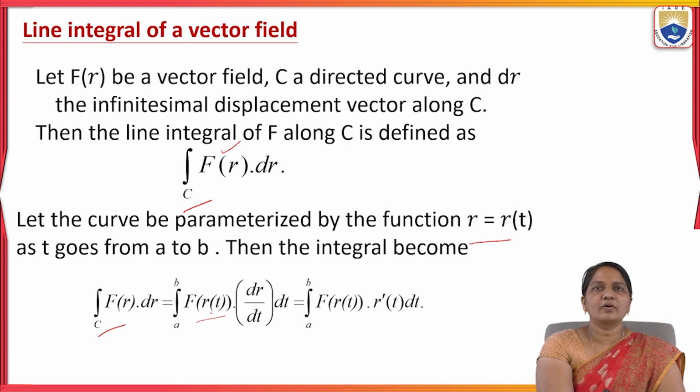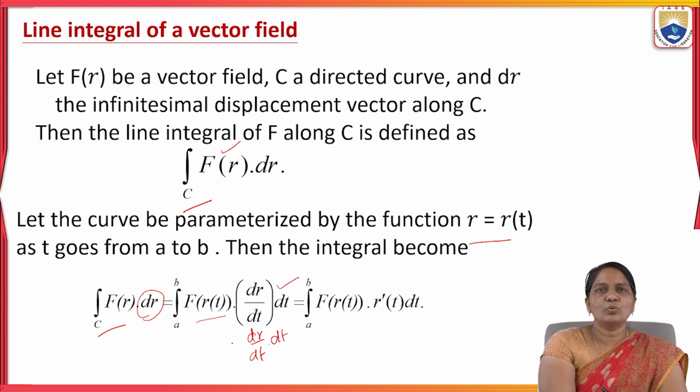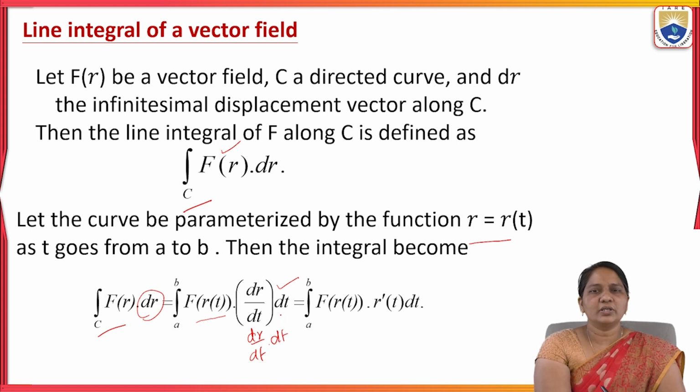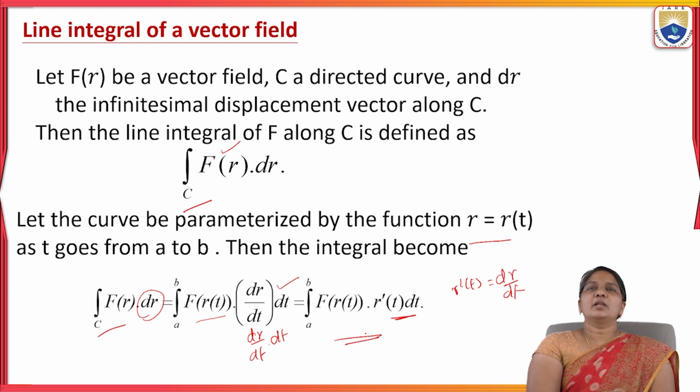In place of dr we write dr by dt into dt, so there is no change in the value. Here r dash of t is nothing but dr by dt. So finally the formula is integral from a to b of f of r of t dot r dash of t into dt.